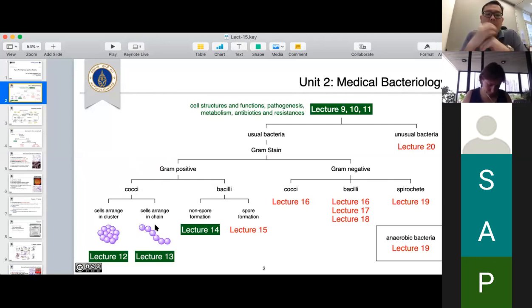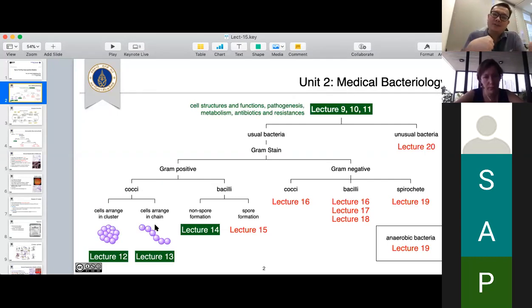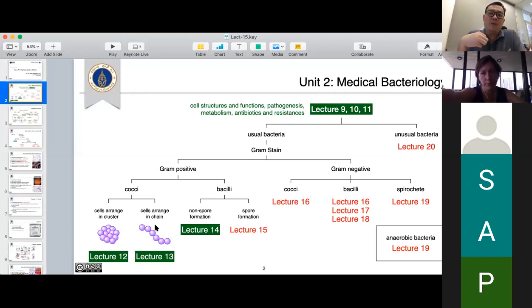What are the common characteristics that all Staphylococcus share, that all Streptococcus share, and how do Staphylococcus and Streptococcus differ? Please don't just tell me arranged in clusters and arranged in chains, that's it. You learned more about the way they cause disease, some biochemical reactions, drug susceptibility, something like that.